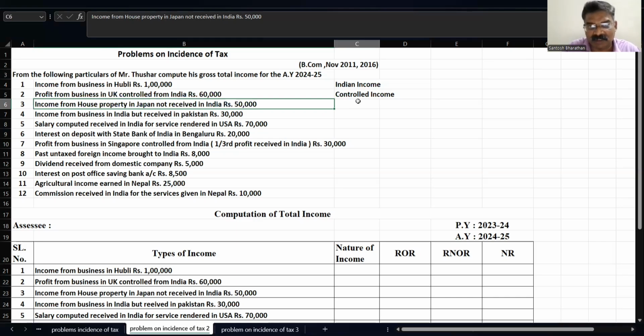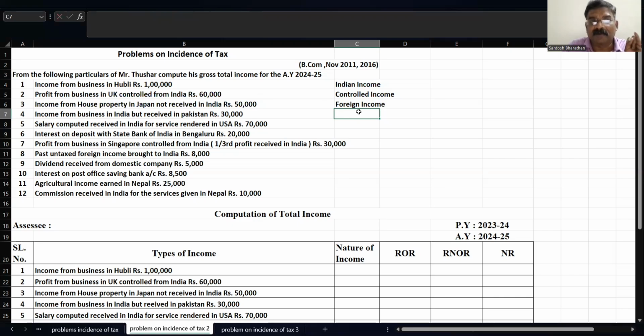So this transaction we call a foreign income. Any income earned and received outside India, we call a foreign income.